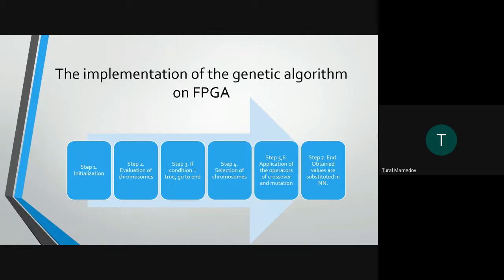Then selection of chromosomes for further crossover and mutation, and application of operators of crossover and mutation to the chromosomes selected in the previous step. And the last one, the genetic algorithm is stopped and the obtained values are substituted into the neural network.